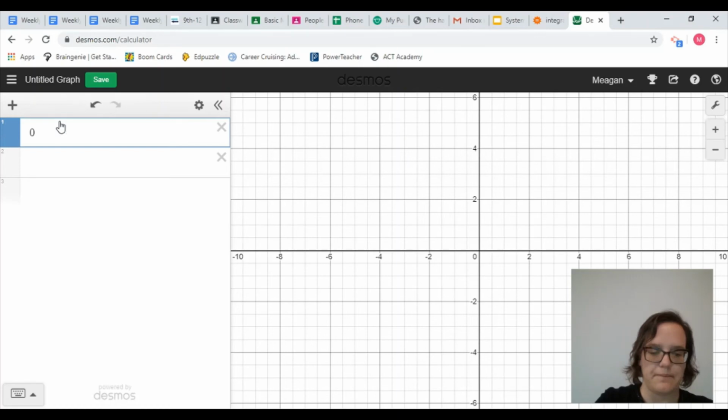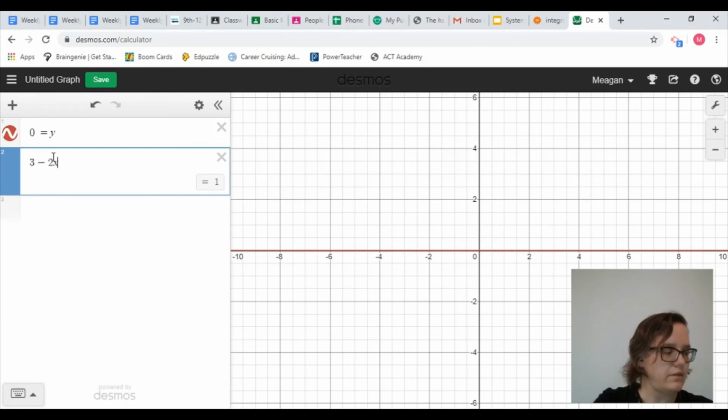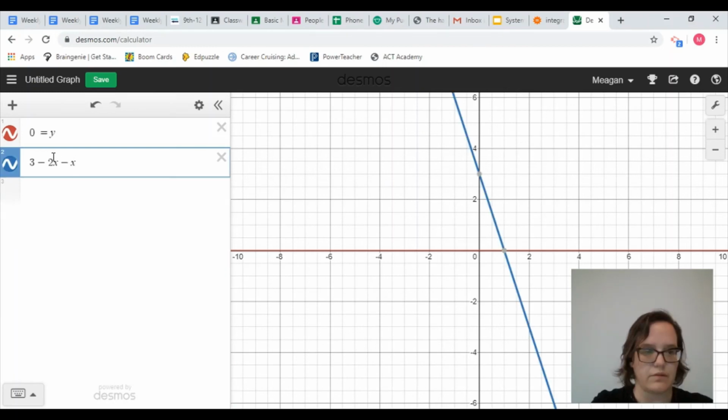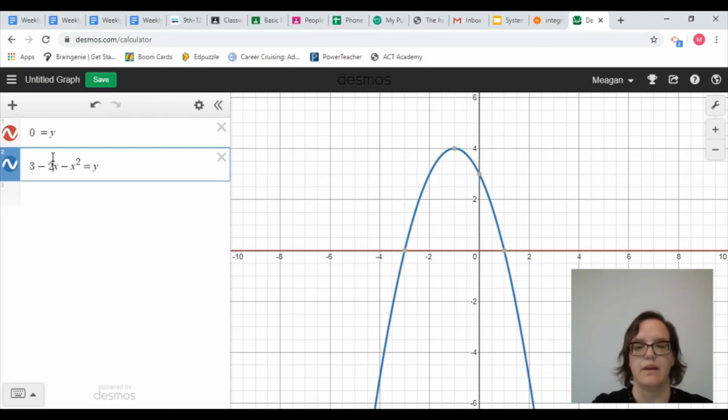And then we can plug in 3 minus 2x minus x squared. Okay. And so we can see that it goes from -3 to +1. And we see that the quadratic is always on top. Okay, which shouldn't surprise us since we knew this was upside down.